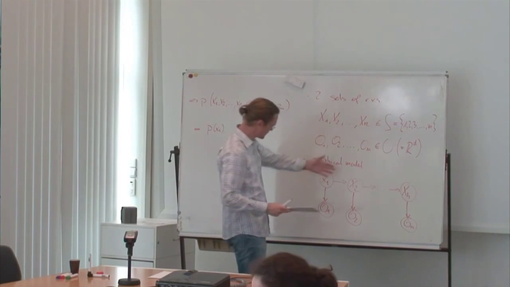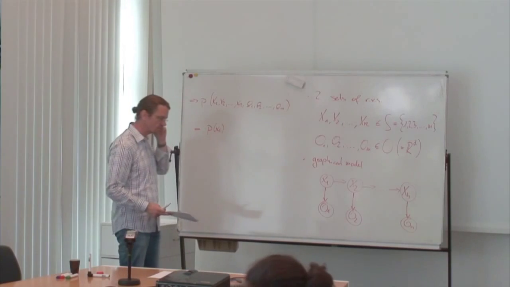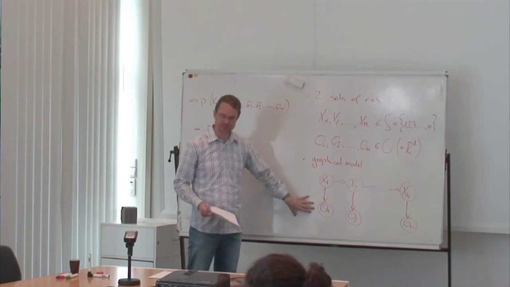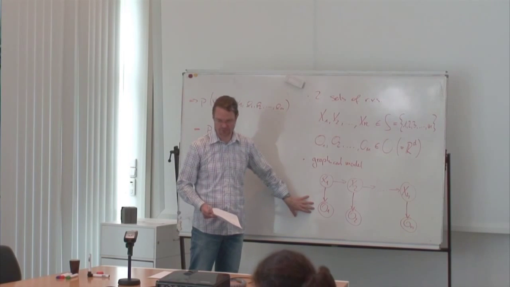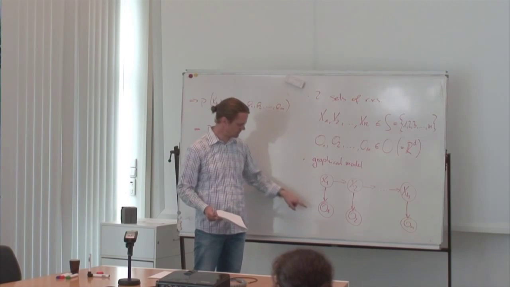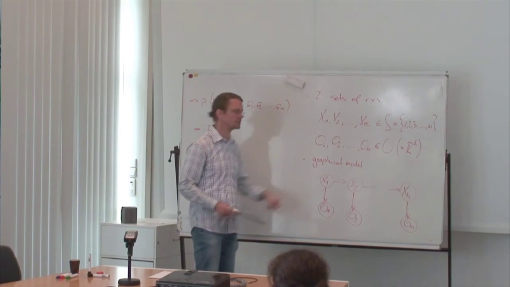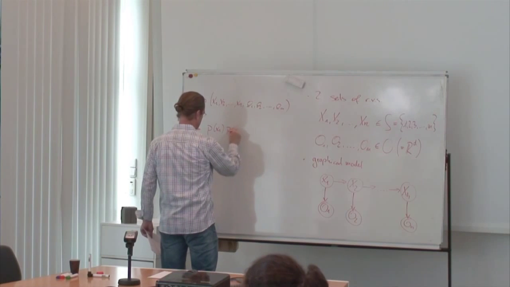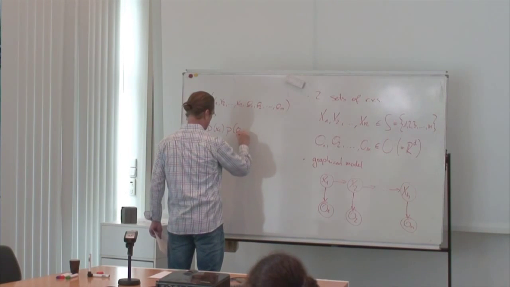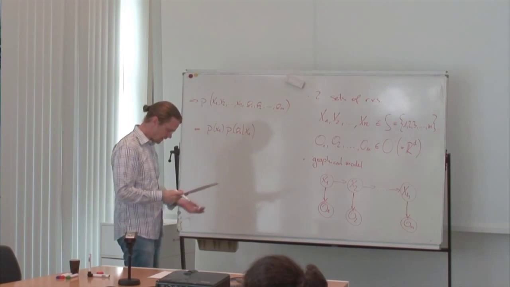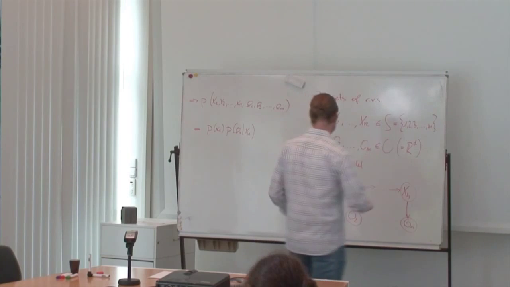Now then, what other conditional dependencies do we have? Apparently, there's a probability for observing something O1 given x1. This depends on that. So we have times P of O1 given x1. And now we have the rest.